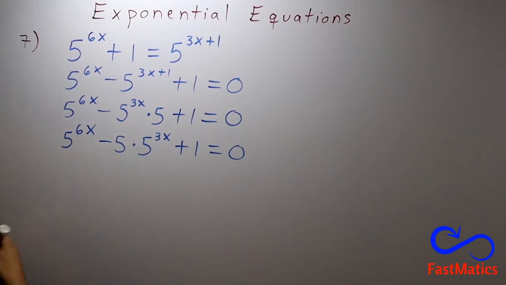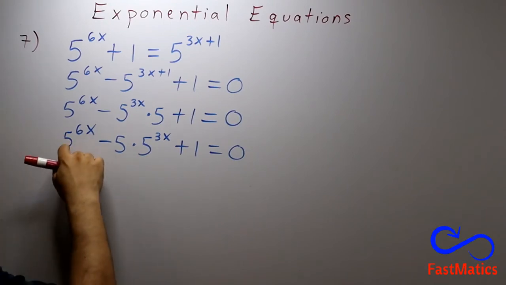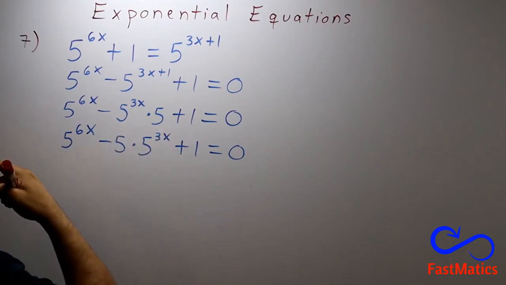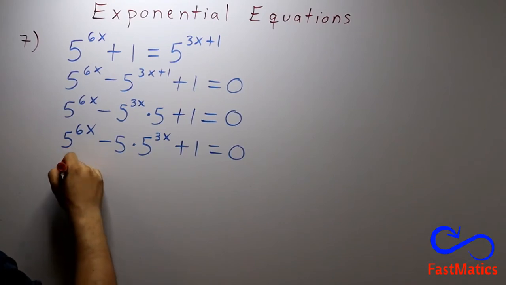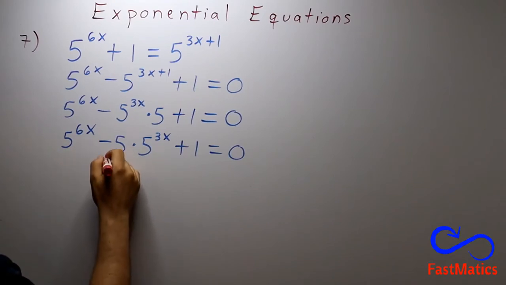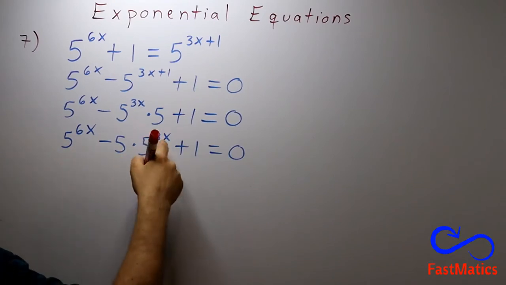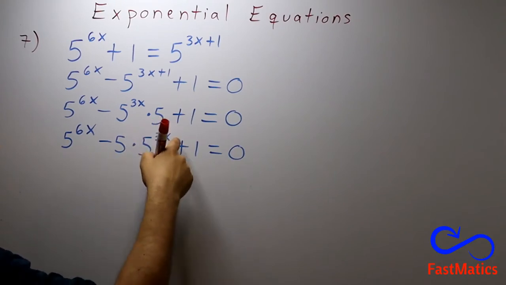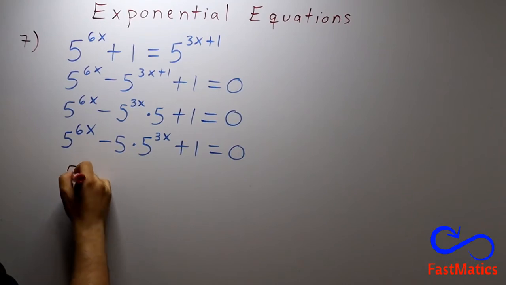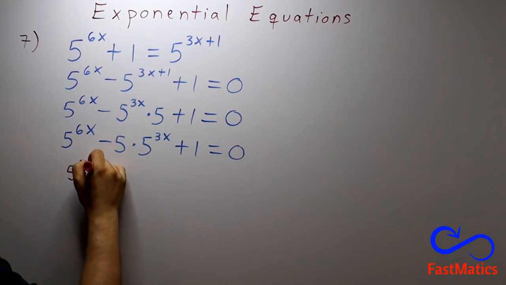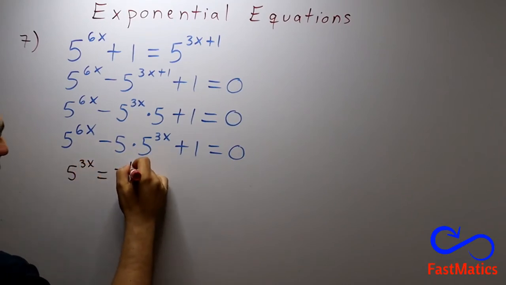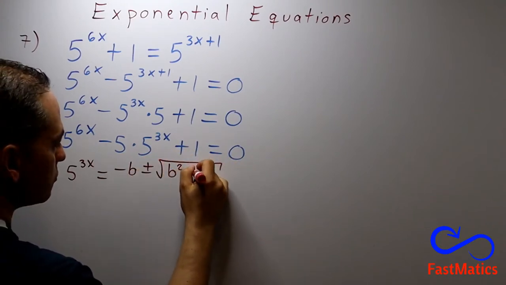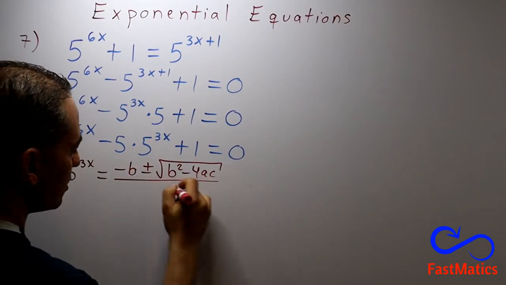So remember that if you have x squared and in the middle x, you can use the formula x is equal to -b, etc. But here we don't have x in the middle. We have 5 to the power of 3x. So we are going to write 5 to the power of 3x is equal to -b, positive negative, the square root of b squared minus 4ac, and everything divided by 2a.